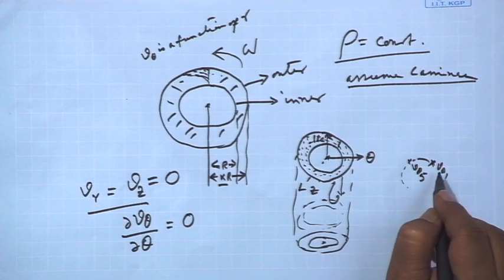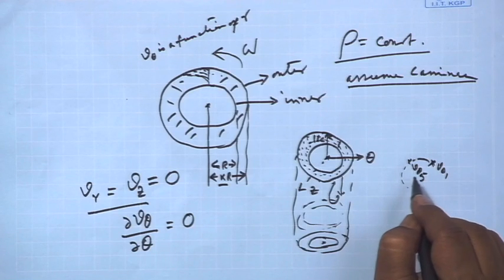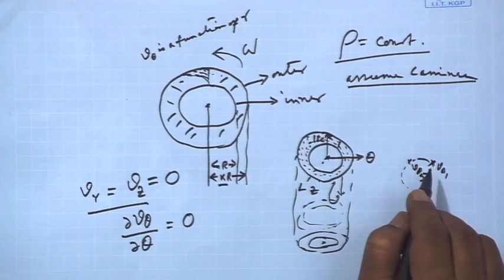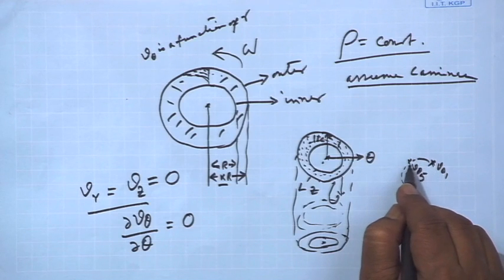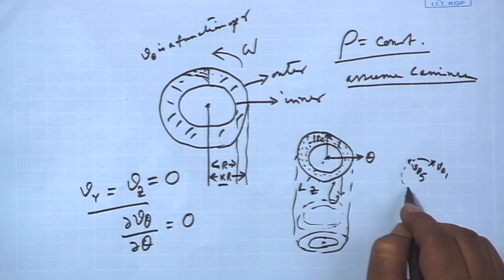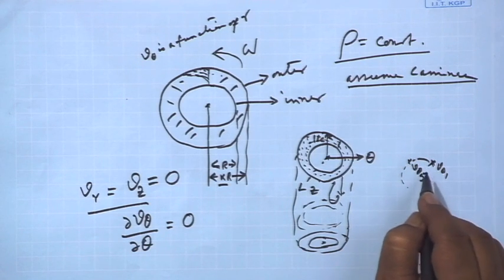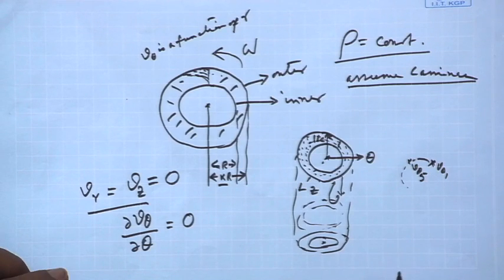V theta 1 and v theta 5, whatever be the value, remain the same, and there is no change in the theta component in this direction. That is why we can say del v theta del theta is 0.